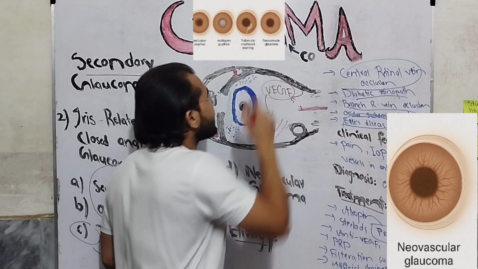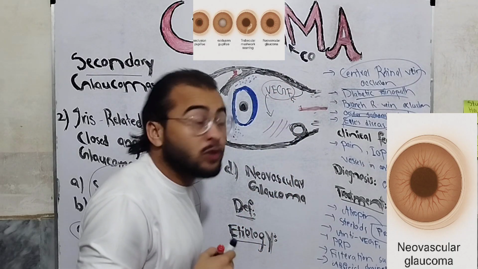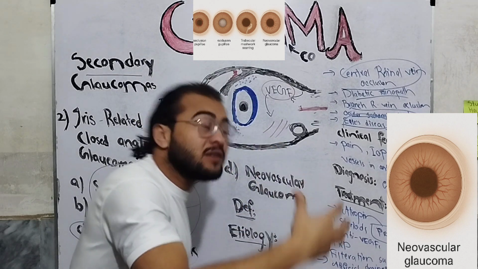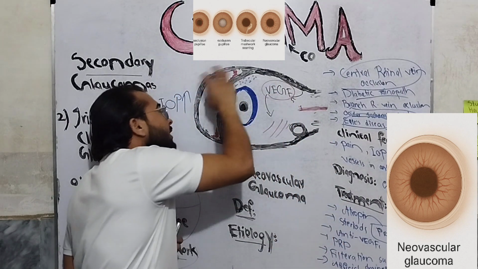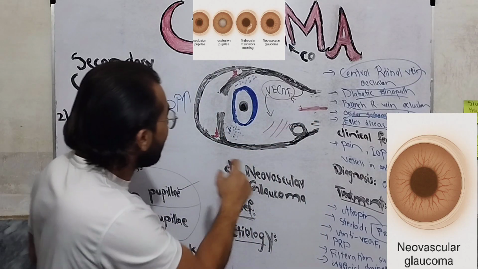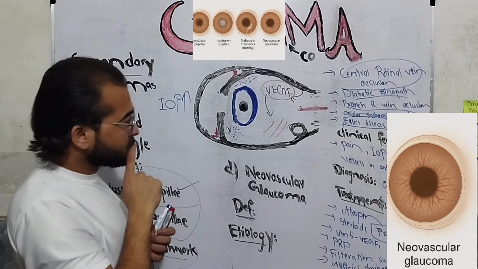These growth factors will induce new vascular membranes and new vessels in the posterior chamber as well as in the anterior chamber. So this is the pathogenesis of neovascular glaucoma.